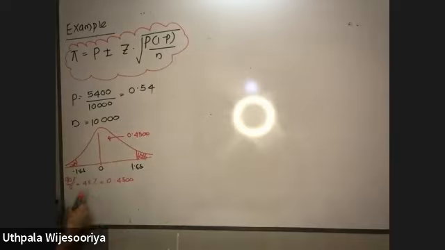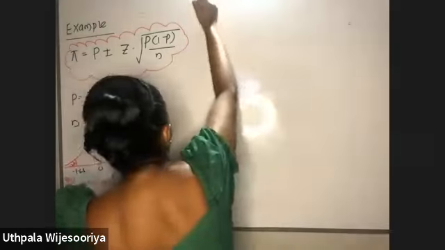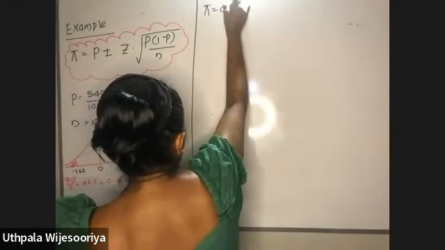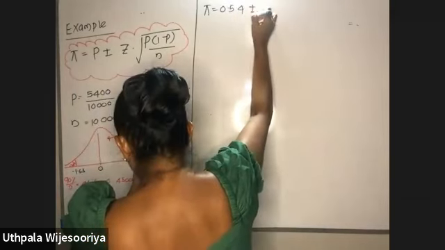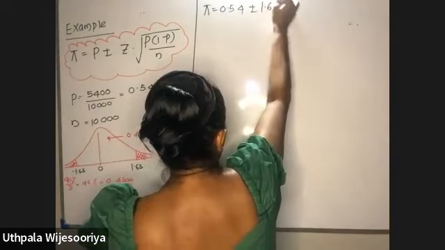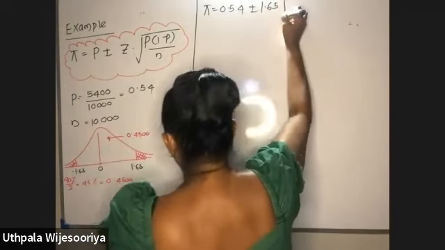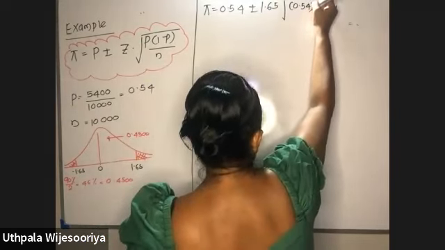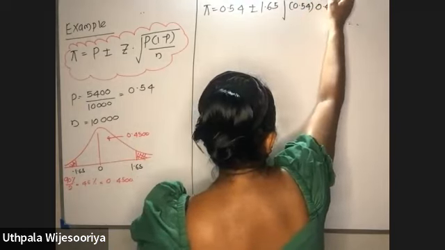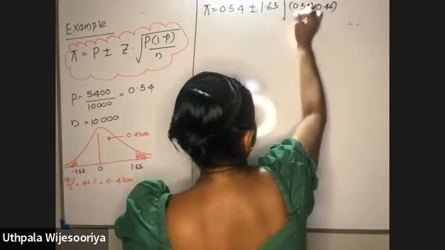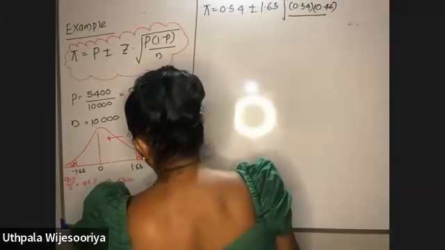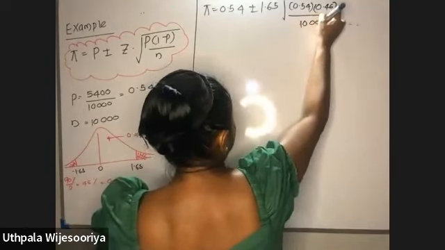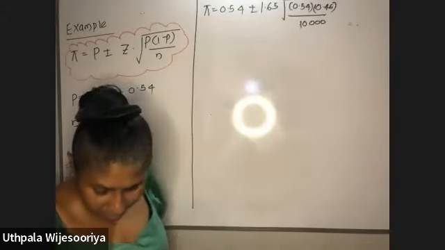Right. Now construct your confidence interval. Pi is equal to 0.54 plus or minus the table value 1.65 times the square root of 0.54 into 1 minus 0.54, which is 0.46, divided by the sample size, 10,000.